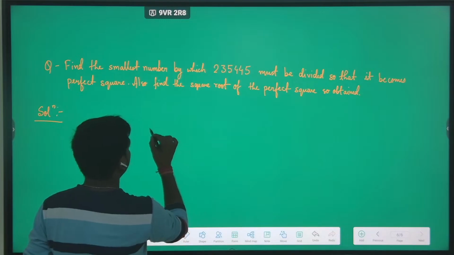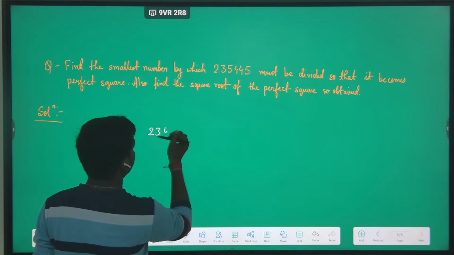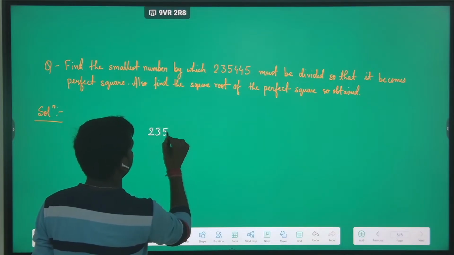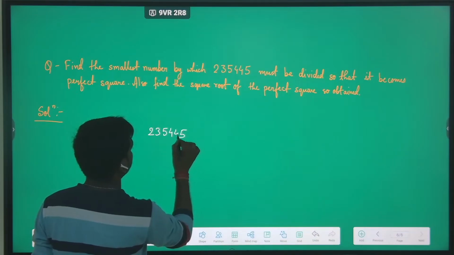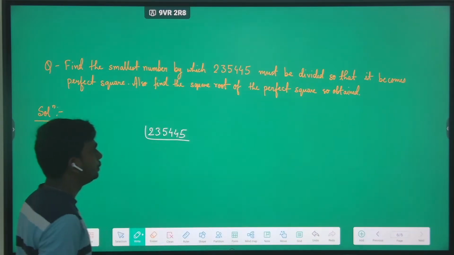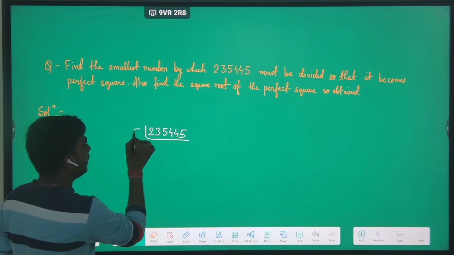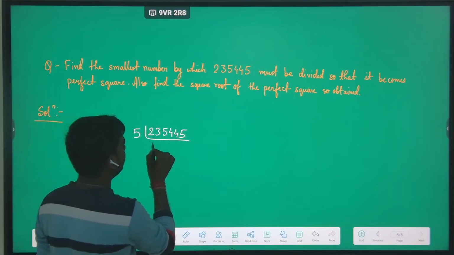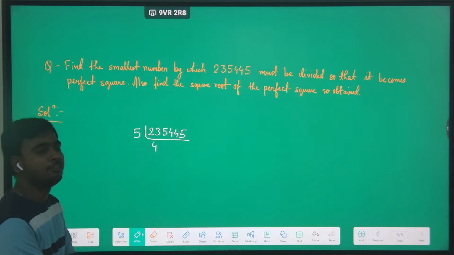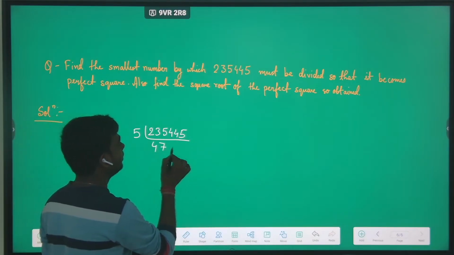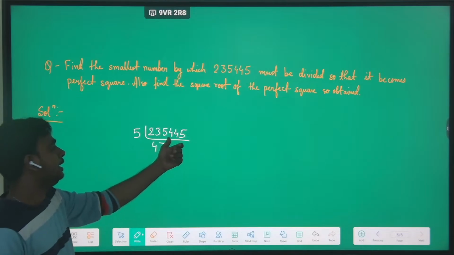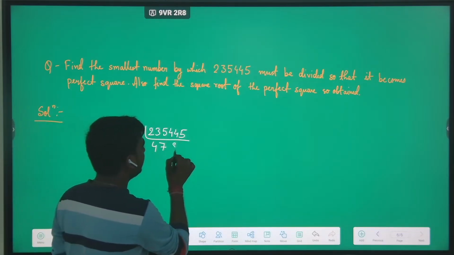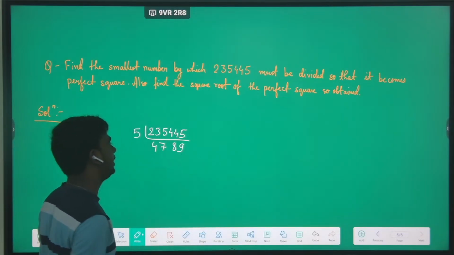So what we have to do? First of all, we have to prime factorize 2, 3, 5, 4, 5. So it should be divided by 5. Okay, so on dividing by 5, what will we get? 5 into 4 is 20, 5 into 7 is 35, 5 into 8 is 40, 5 into 9 is 45.